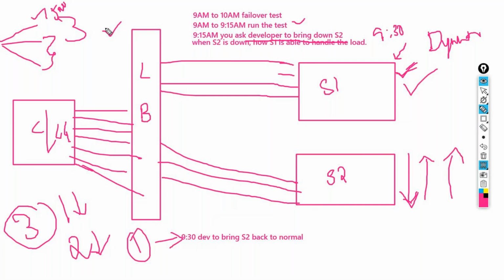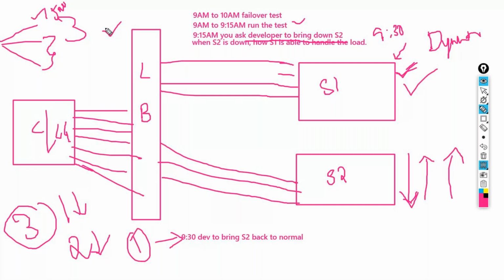So when you run this failover test, how much are the response times of the other server when one server is down? We have to tell that as an observation to the client and the application team, and they will decide whether it is okay for them. If the client says they are okay with response times of 8 or 10 seconds even if one server is down, then no problem.